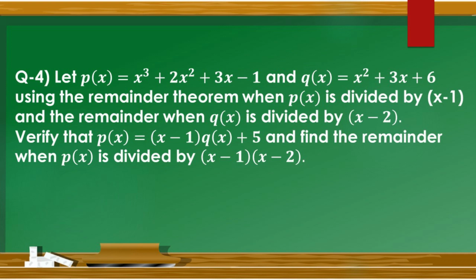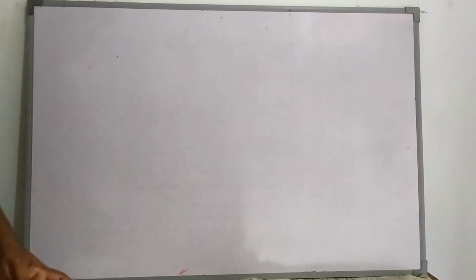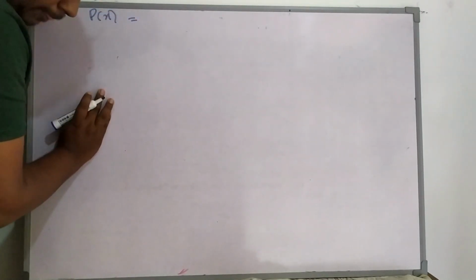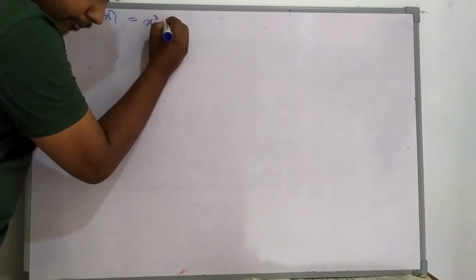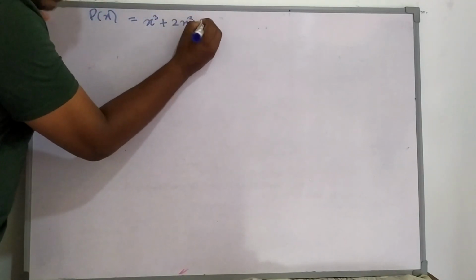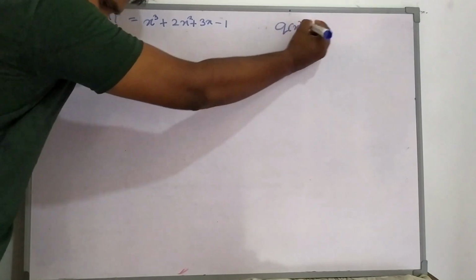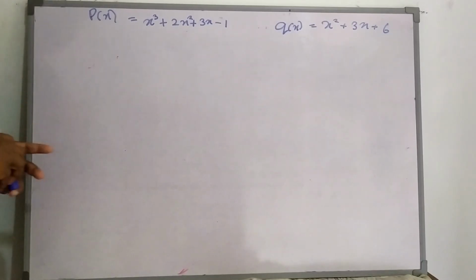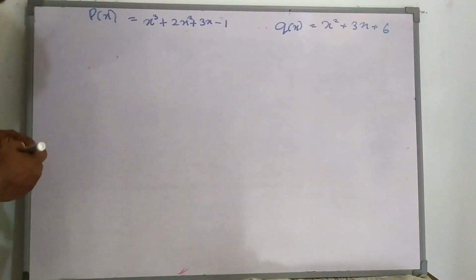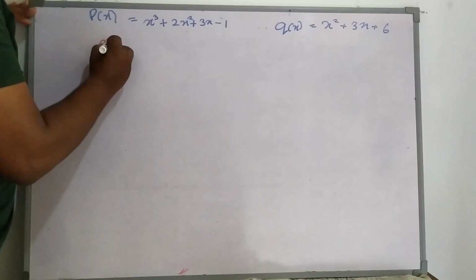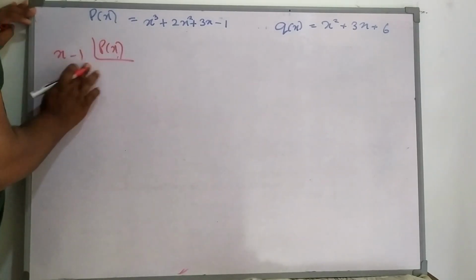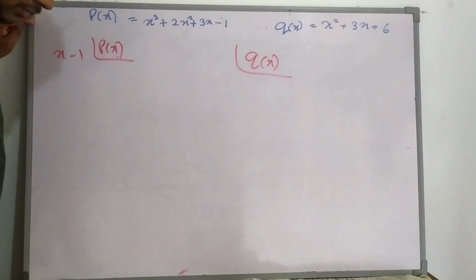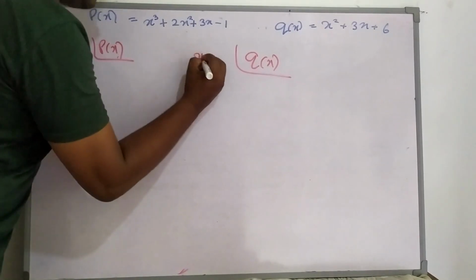Alright. So we need the remainders when... First of all I am just putting P(x) equal x cubed plus 2x squared plus 3x minus 1. Q(x) is x squared plus 3x plus 6, right? So P(x) is divided by x minus 1, Q(x) is divided by x minus 2, right?